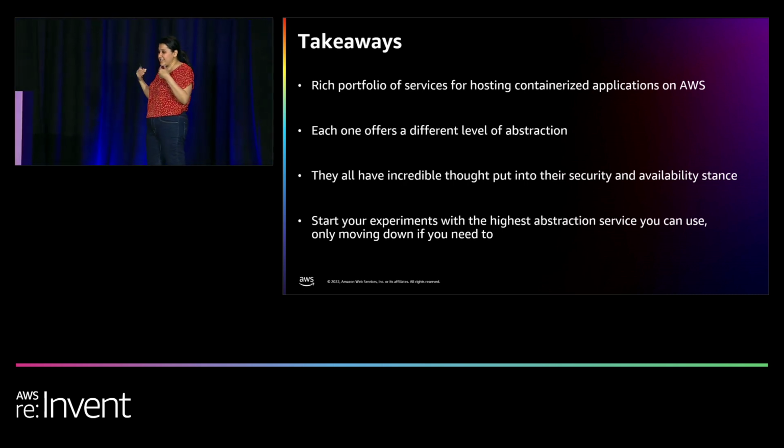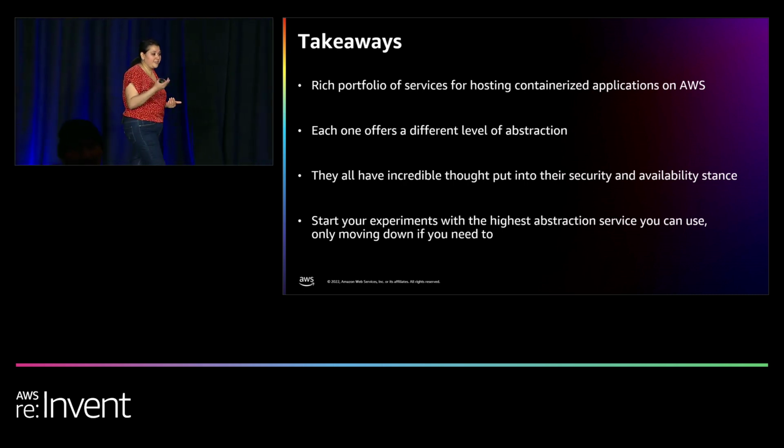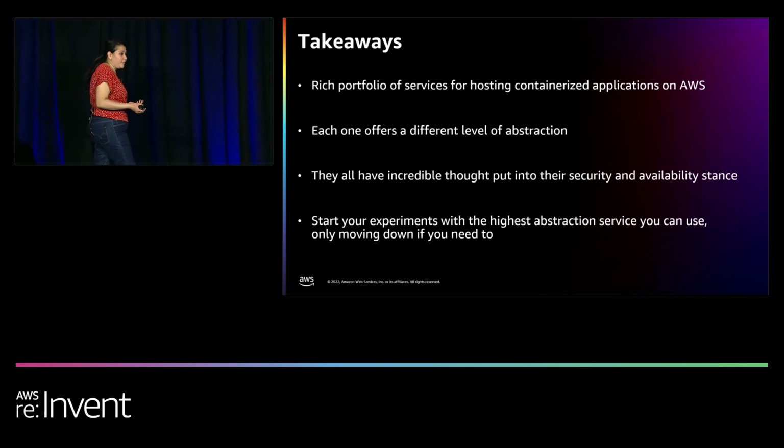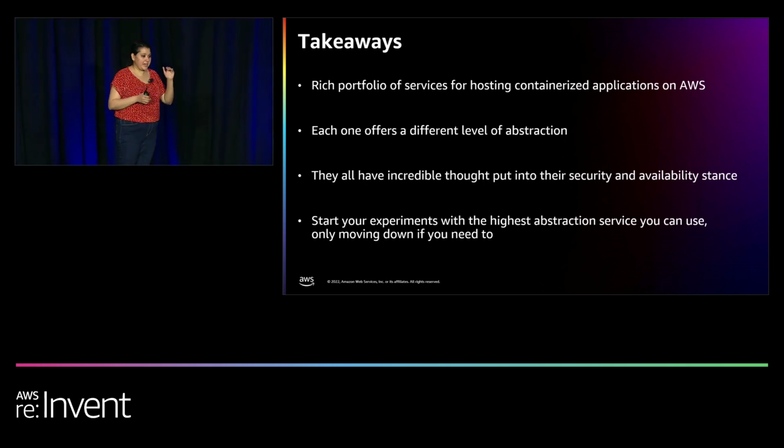And of course, come back and tell us so we can tell you if that's something that's coming up that we want to support, or if it's a feature that we're like, no, that's just never going to be built into that abstraction layer, so the lower abstraction layer is the right layer for you. And, as you can see, a lot of thought has been put into the security and availability stance of these services, and especially for the higher abstraction services, all of that thought has been put into every single layer beneath it.